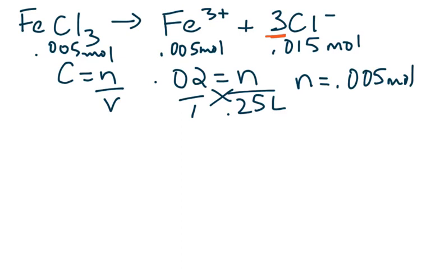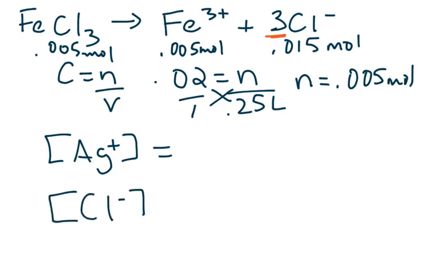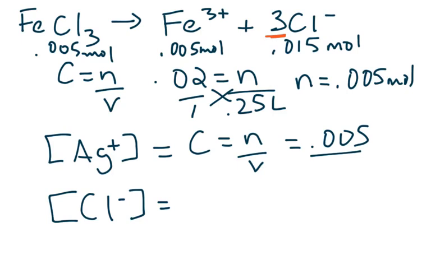So now we can try to find the concentration of Ag+ and Cl-, which we need for our original Ksp. So again, we're using C equals n over V. Our number of moles is the number we calculated earlier to be 0.005 moles. Our volume now is a sum of the two volumes in the question.